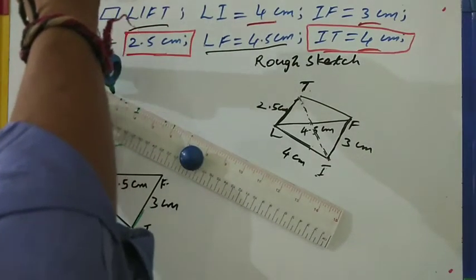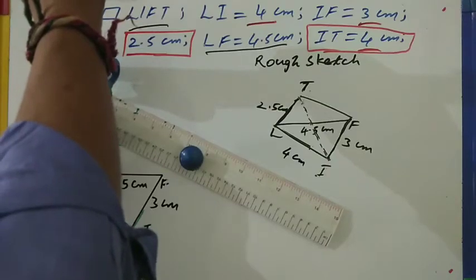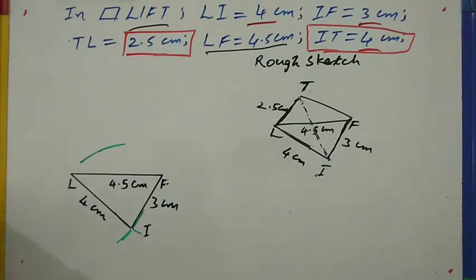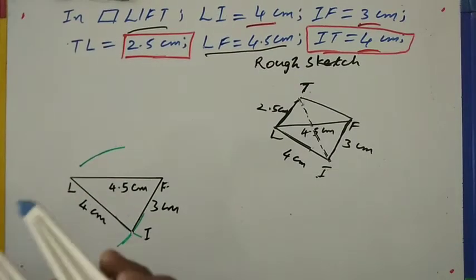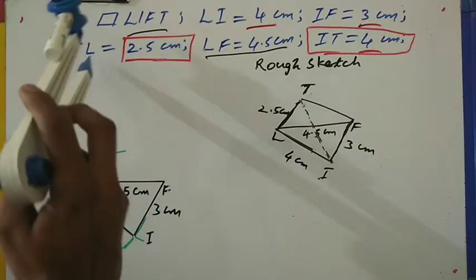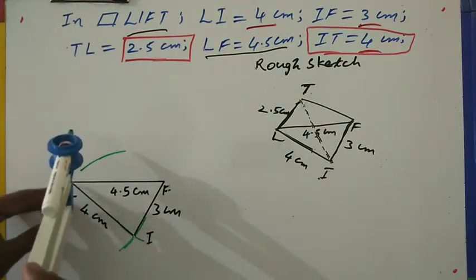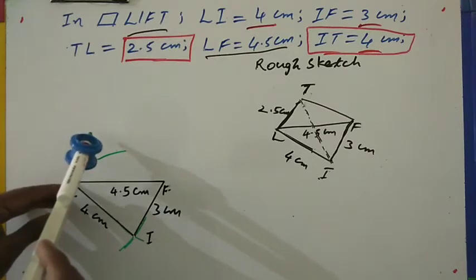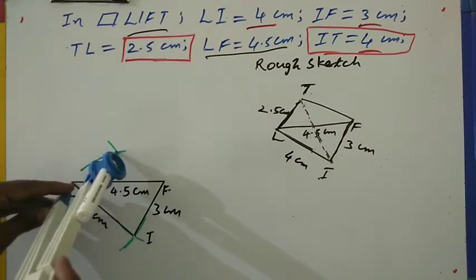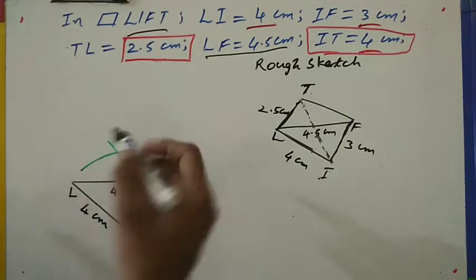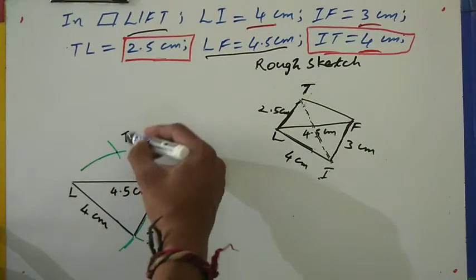Now, with the measure of this 2.5 centimeter, that is LT, L will become the center of the compass, and with the radius of 2.5 centimeter, I cut the earlier drawn arc. This point of intersection of arcs gives me the point T.